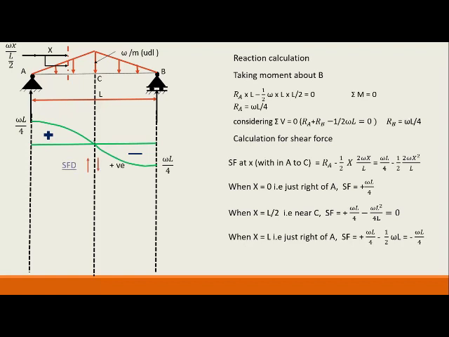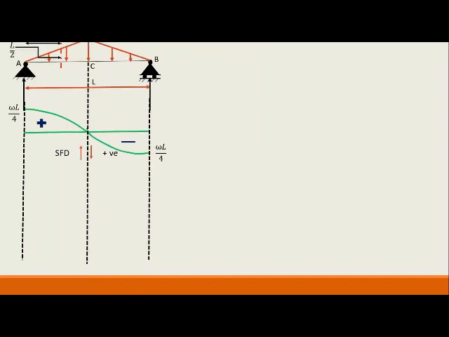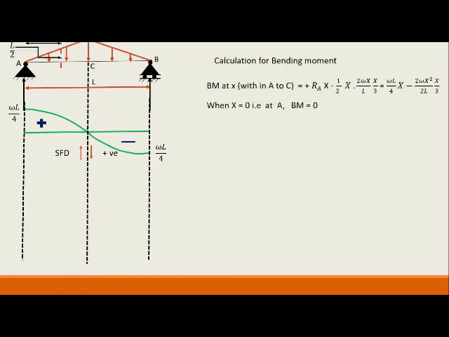Now let us go for the bending moment calculation. Here we have calculated the bending moment equation. It is Ra into x. We are taking moment about this section x, which is at a distance of x from here.